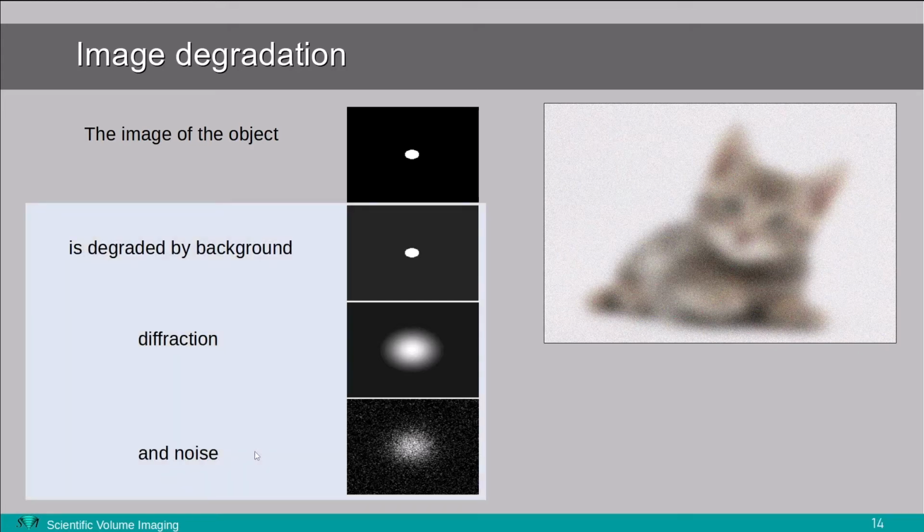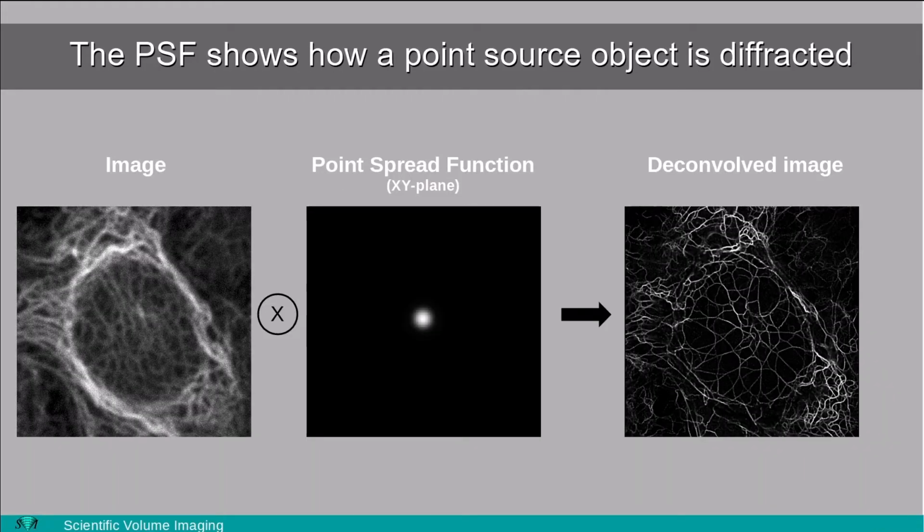With deconvolution we can improve the background, we can correct for the diffraction, and we can deal with the noise. We do that partially with the point spread function. The point spread function is a model of how your point source object is diffracted, and we use it to improve the image and to increase the contrast.